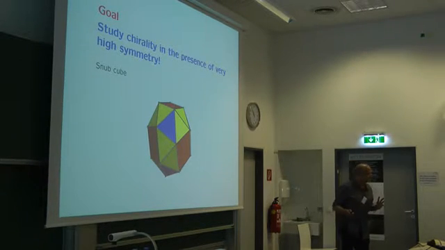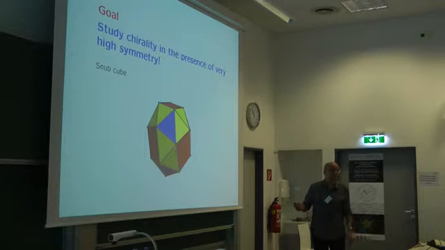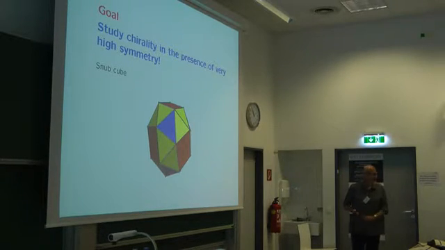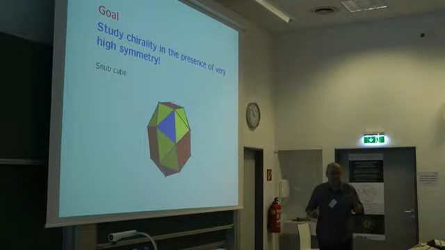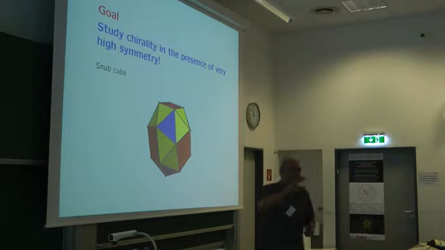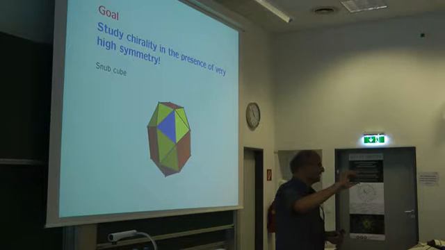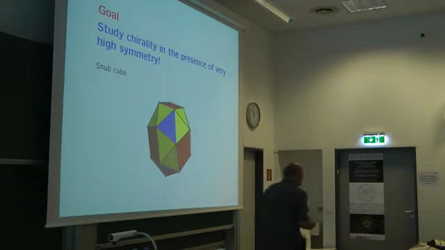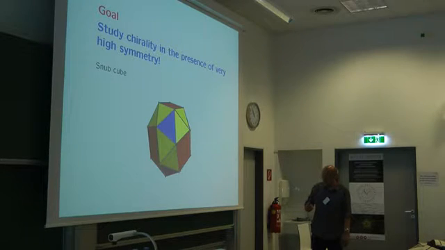According to the definition that I just described, the snub cube, I think everybody has probably seen that picture, has a lot of symmetry. The way this is obtained is you take a cube, place a little square into one of the square faces of the cube, twist it a little bit, then apply all rotational symmetry. And that gives you the snub cube. So a very symmetric object, but it will not be symmetric enough for us because, for example, it has two kinds of faces. We would not want that in our definition.